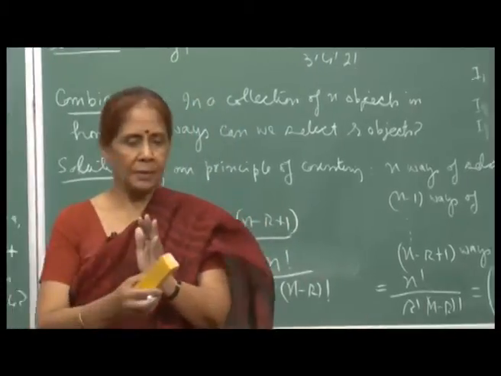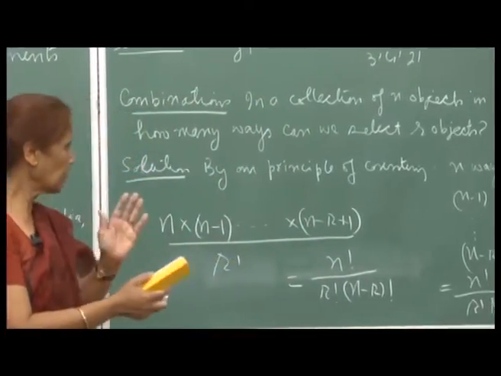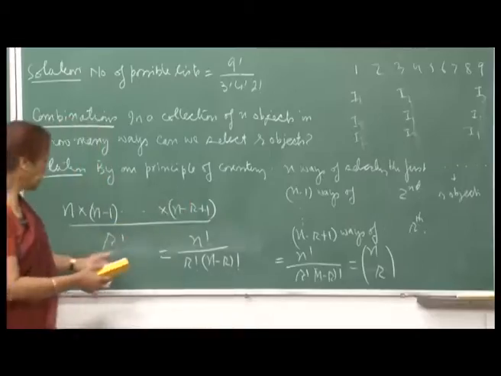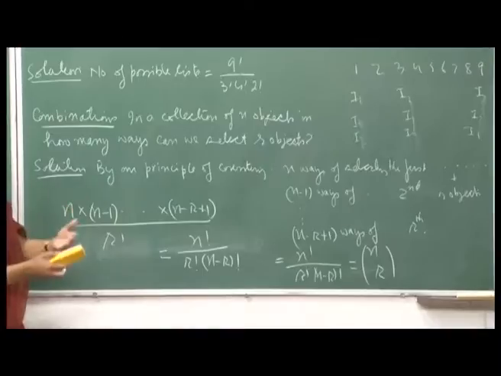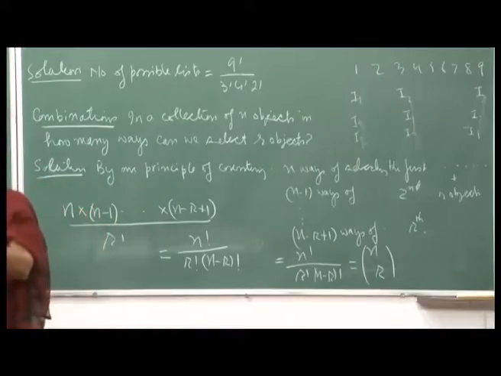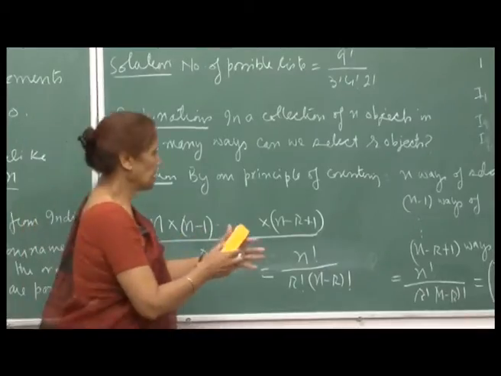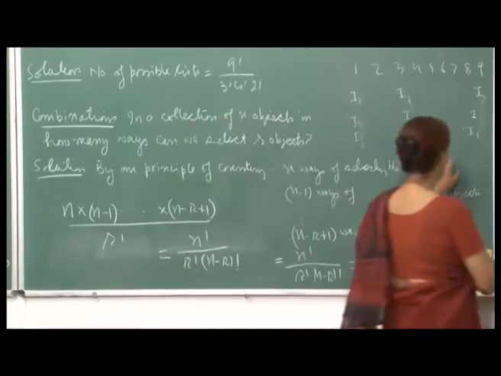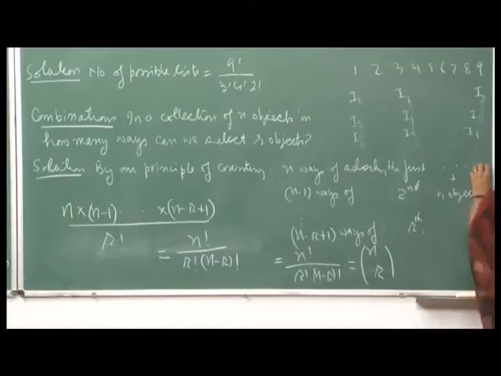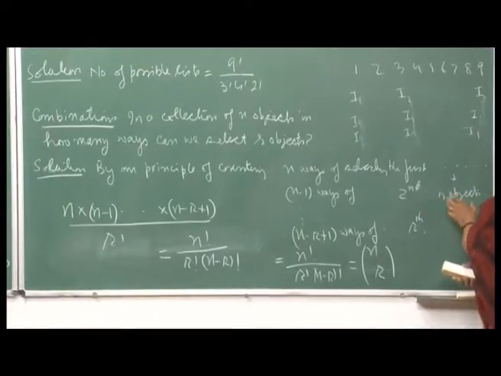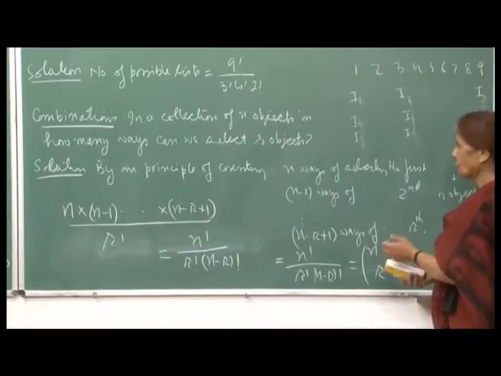So, therefore, the total number of ways in which I can arrange my n objects gets divided by R factorial, and obviously, for the last n minus R objects also, the order is not important, because finally, you have divided these n objects into R and n minus R, right.